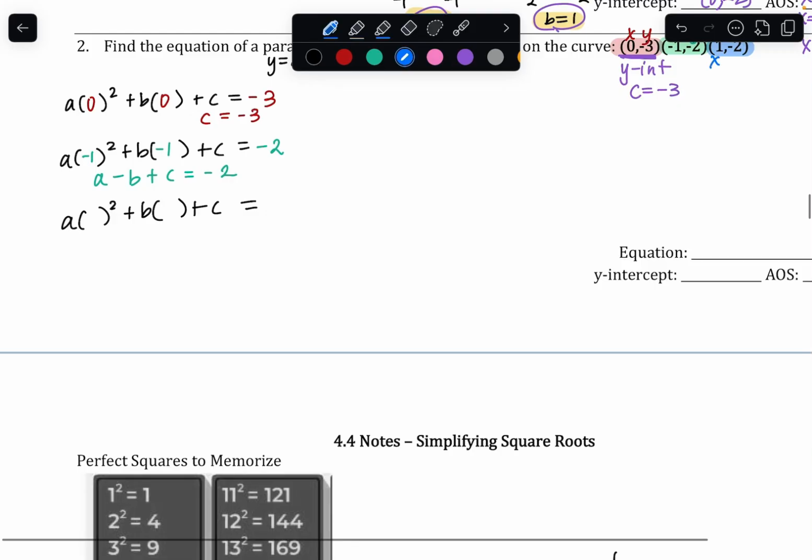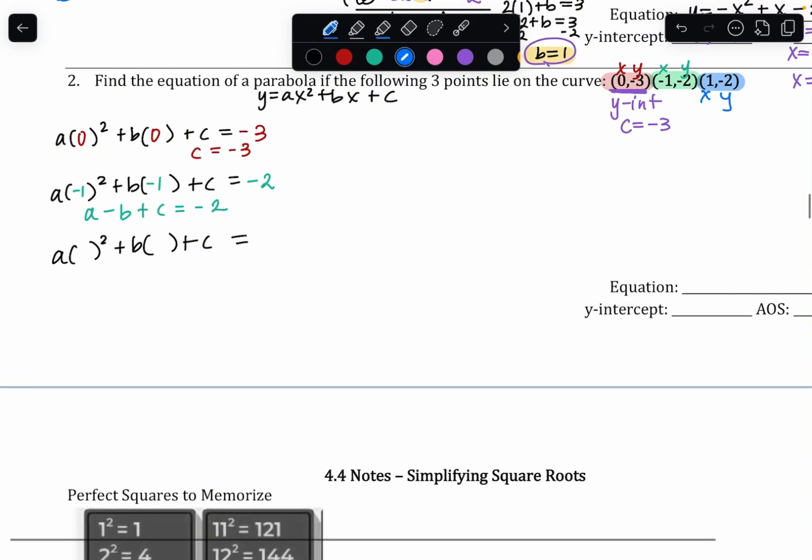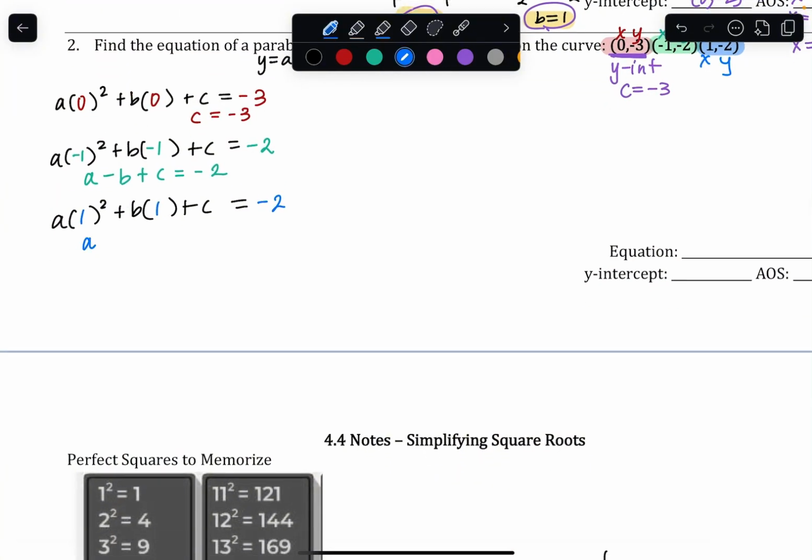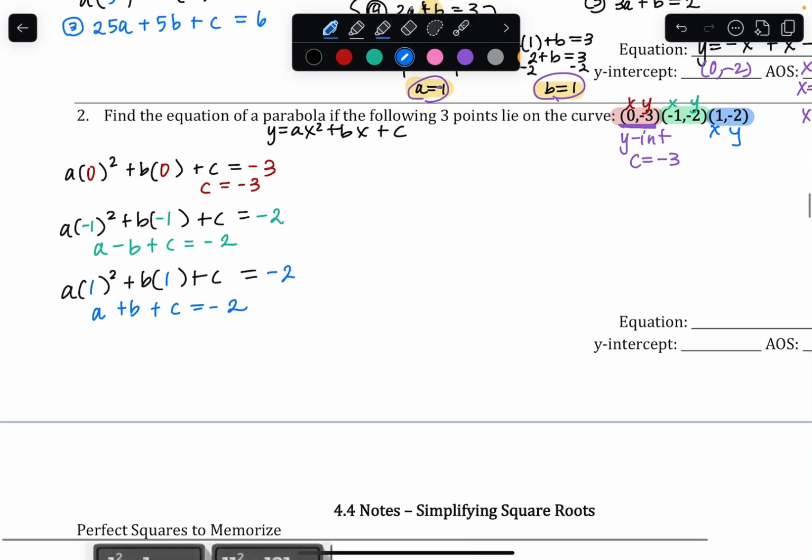And then for the last point, x is 1, y is -2. And so 1 squared is 1, so just a. 1 times b is just b, plus c equals -2. Don't forget your plus c.